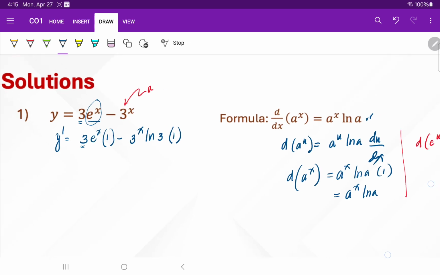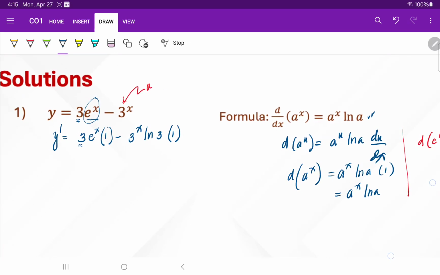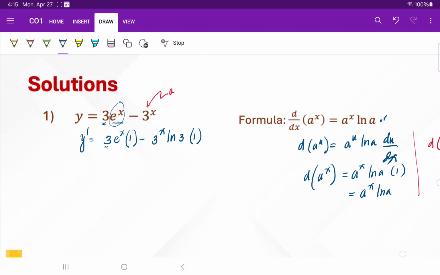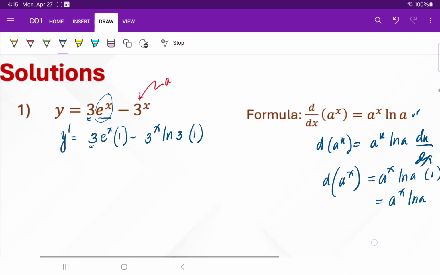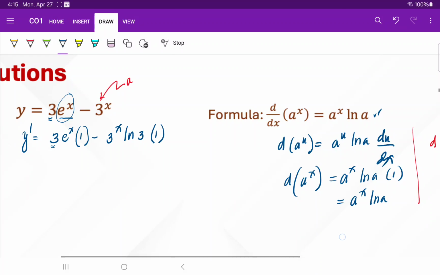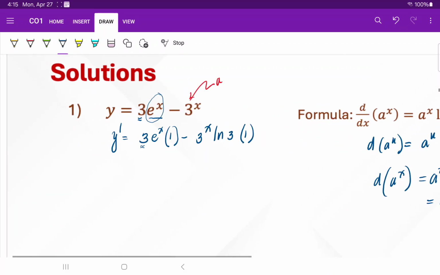We may not write 1 anymore, but I show it so that you know the pattern is a to the u ln of a du dx. So if you simplify, we get y prime is 3 times e to the x minus 3 to the x ln of 3.